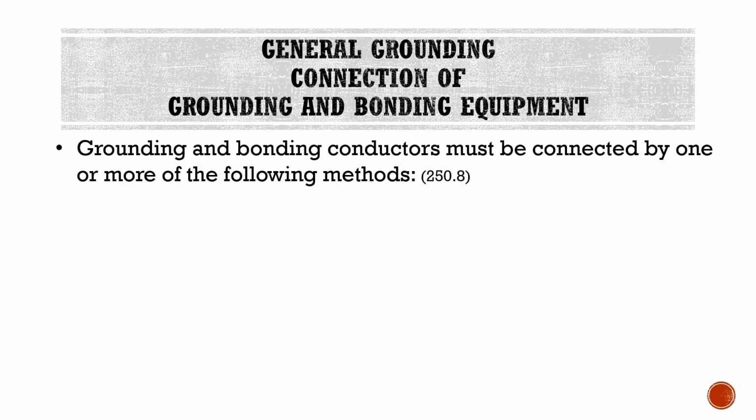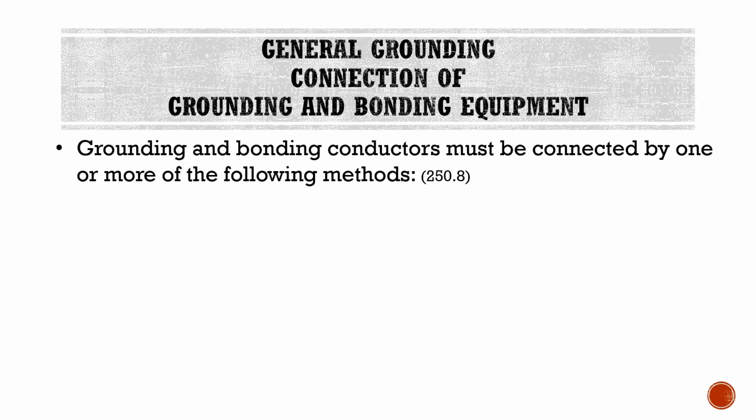So now we're going to be taking a look at the connection of grounding and bonding equipment. In other words, how are we going to connect to it, or how are we required to connect to it? Grounding and bonding conductors must be connected by one or more of the following methods. And it's very important to keep in mind this is a general requirement for all grounding and bonding conductors.